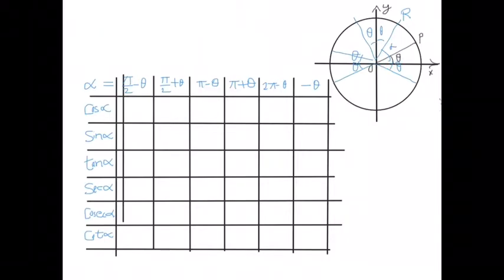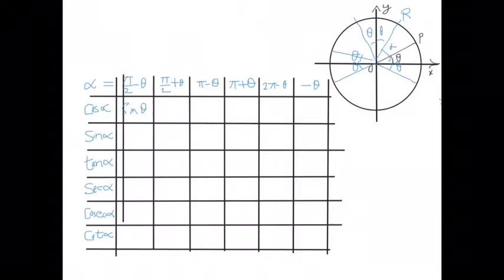And by symmetry, we can see that the projection of OR on the x-axis is same as the projection of this line OP on the y-axis. Now since OP makes an angle of theta with the positive x-axis, therefore its projection on the y-axis is sine theta. And we know that projection of segment OR on the x-axis is also on the positive side. So therefore we can say that cos alpha is equal to plus sine theta, right?